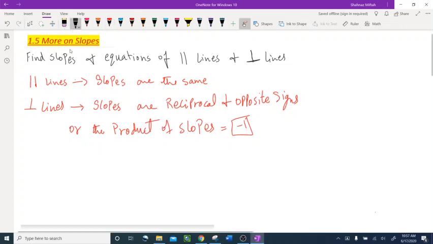Now, let's talk about what is rate of change. Rate of change means slope. So what kind of slope?